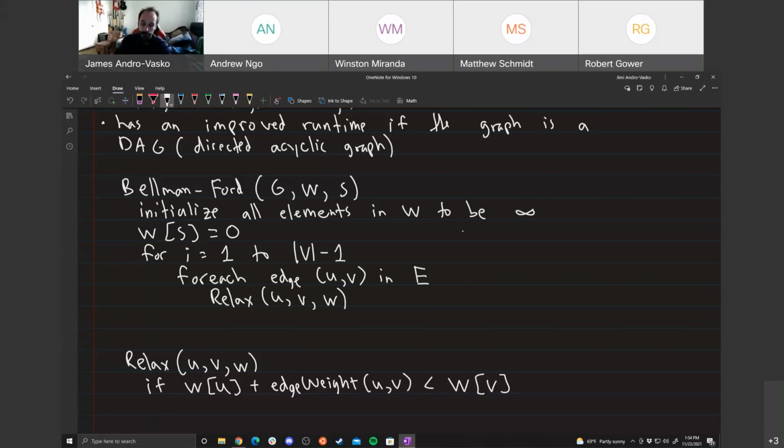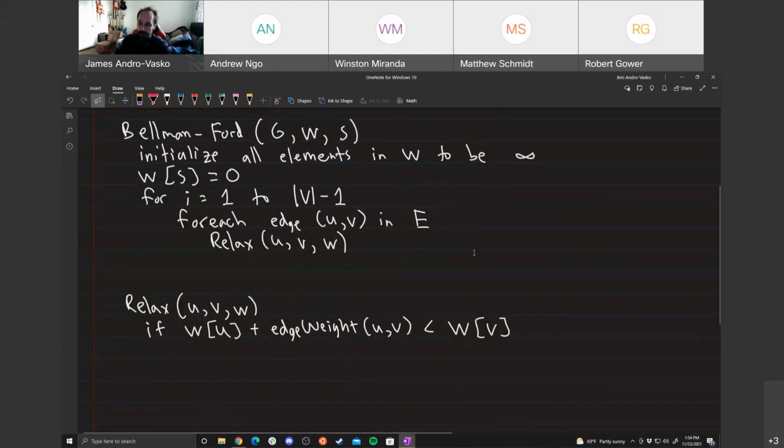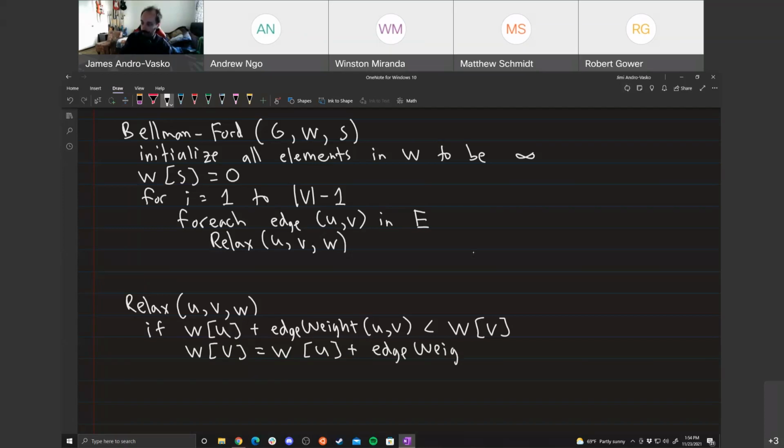So if you found a better path weight, w of v is the path weight from our start node to v. If I found a better one, I'm going to update this. And we, of course, could update a predecessor. If you want to have a predecessor array to construct the actual path, we could do that as well, but we'll leave that part out.